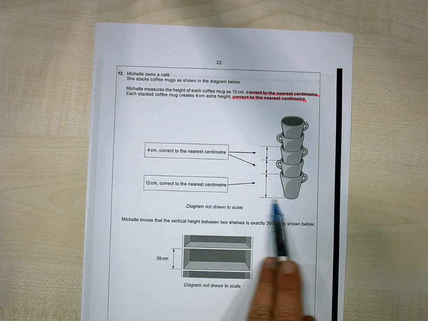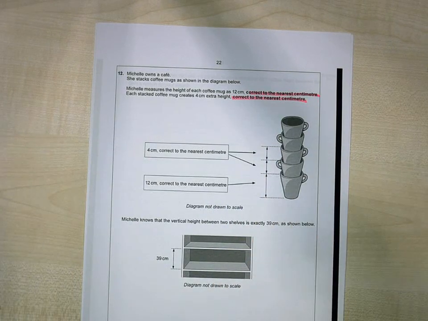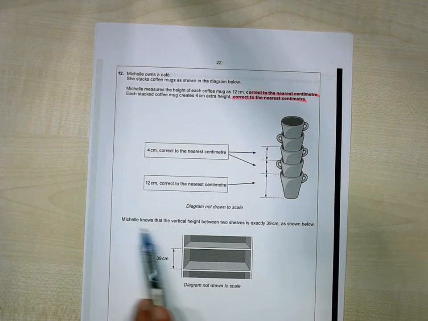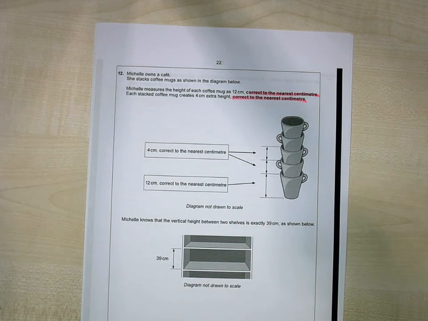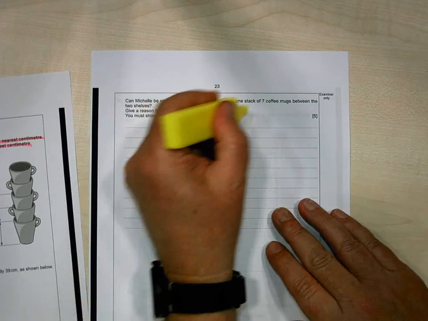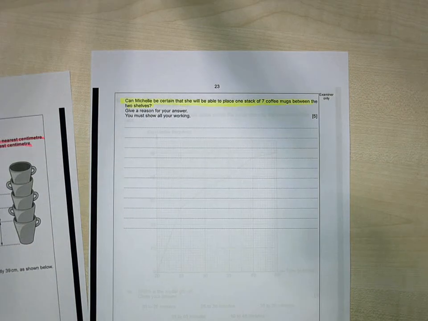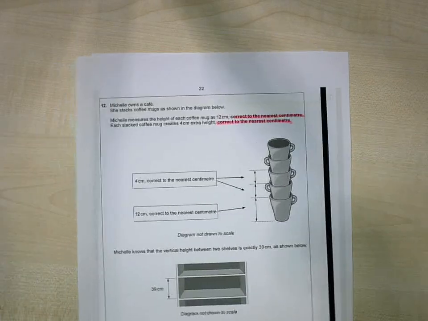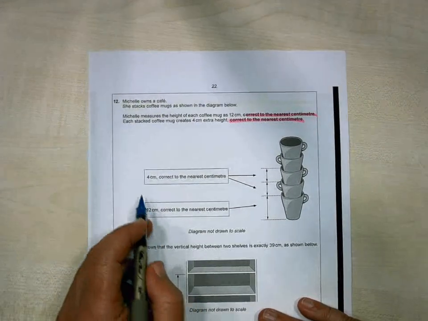So the first one, you see the full height, and then each one on top of that, you only see 4 centimetres of. Michelle knows that the vertical height between 2 shelves is exactly 39 centimetres. So that's exact, it isn't rounded. Can Michelle be certain that she would be able to stack 7 mugs between the shelves? So, let's go back to the information we're given. It's usually easier to write this on the measurements.